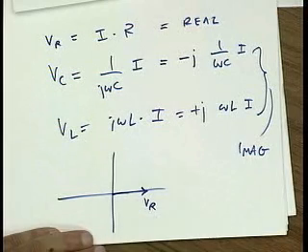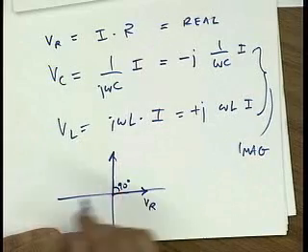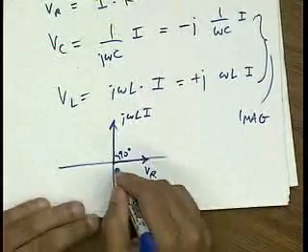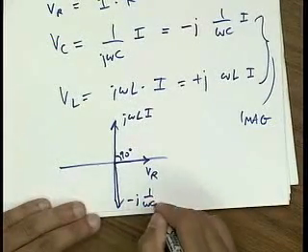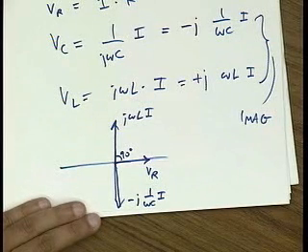So this is VR. The voltage across the inductor has a phase of plus 90 degrees, right? It's j omega L I. And the voltage across the capacitor is minus j 1 over omega C I. Okay. Is that clear?